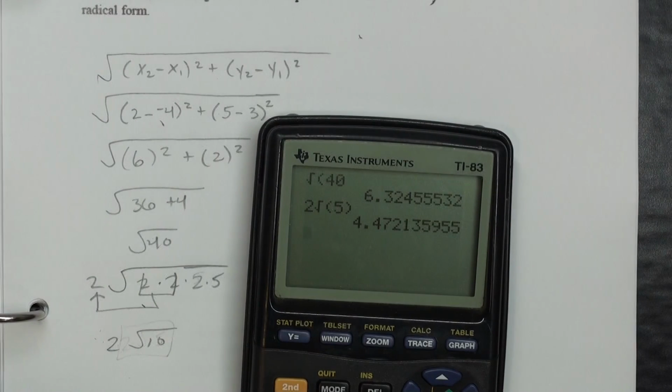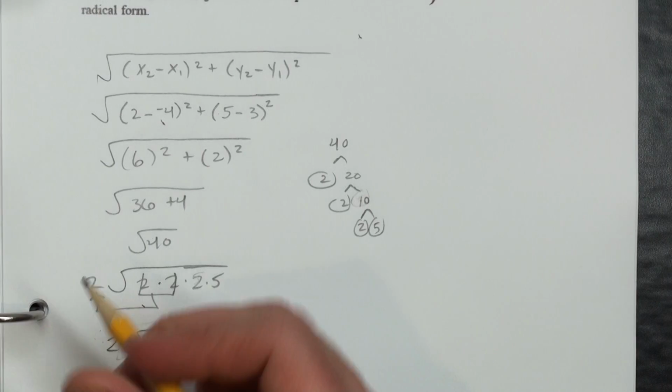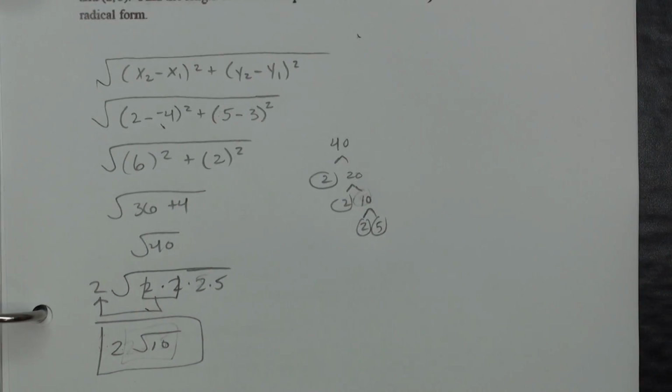Two square root of 10. There we go. See, that's why you always check.